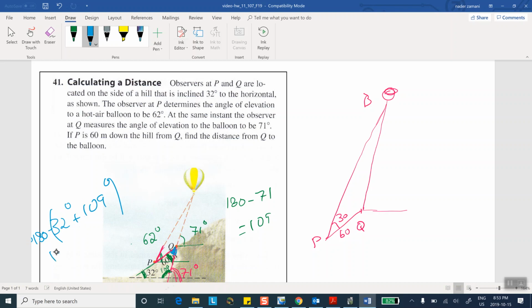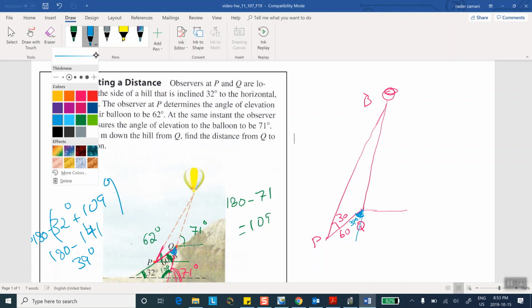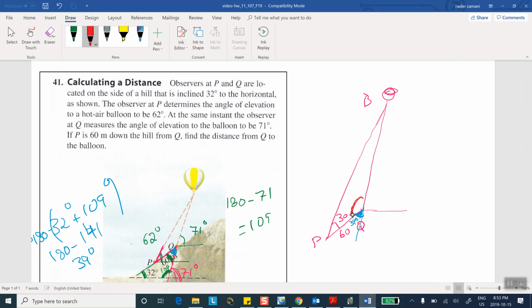So this is going to be 180 minus 141, and this blue angle is 39 degrees. And if this is 39, then that angle is going to be 141 because they have to add up to 180.